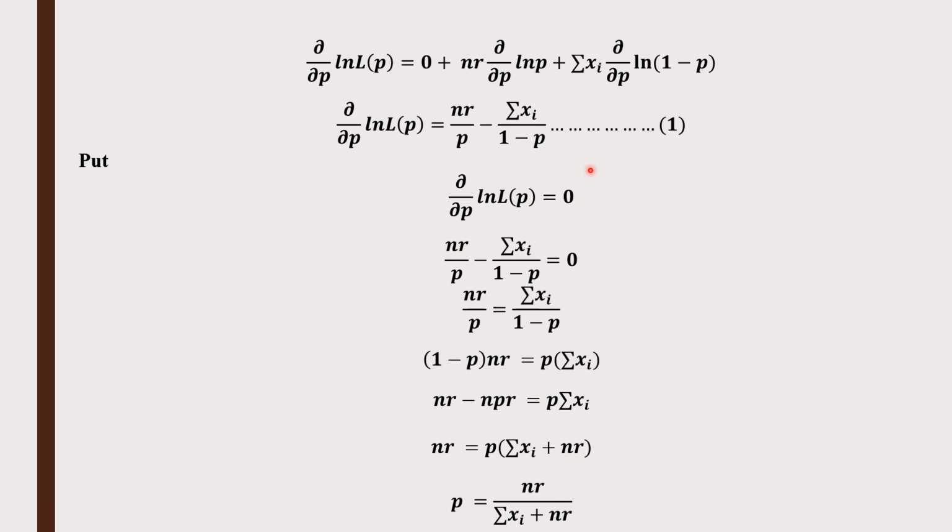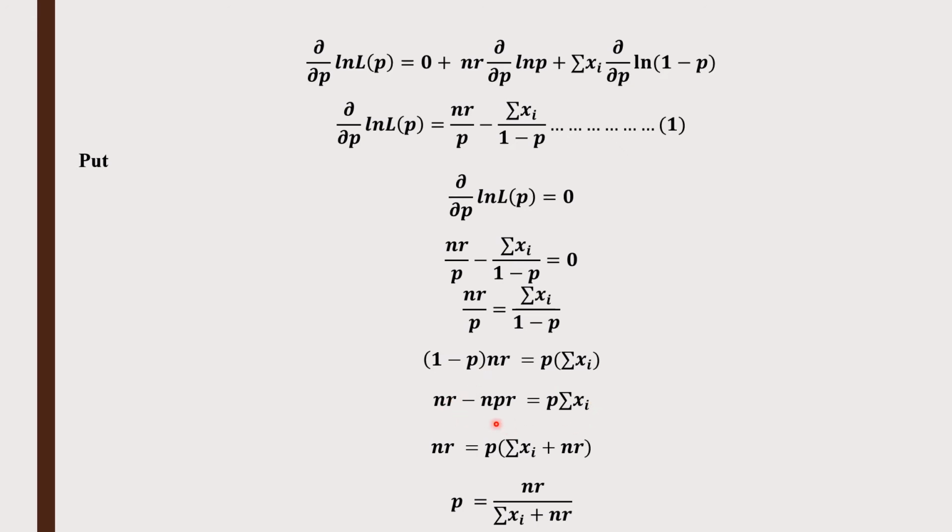Now putting the first derivative equal to 0, we have nr over p minus summation xi over 1 minus p equal to 0. Taking the second term on the right hand side, cross multiply, we have 1 minus p into nr and p into summation xi. Multiply nr with 1 minus p, we have nr minus npr.